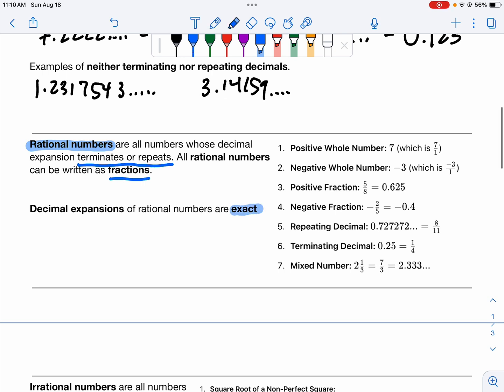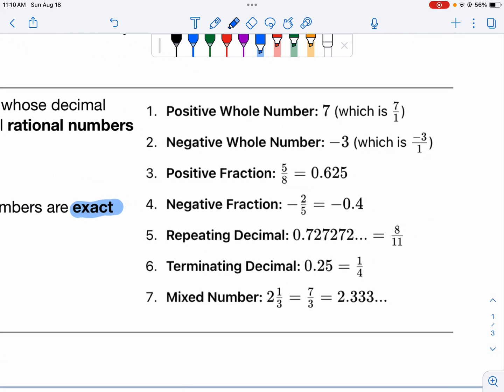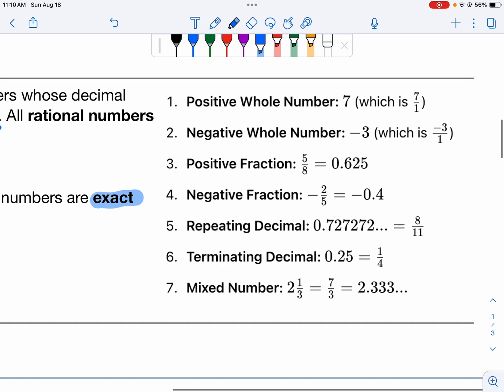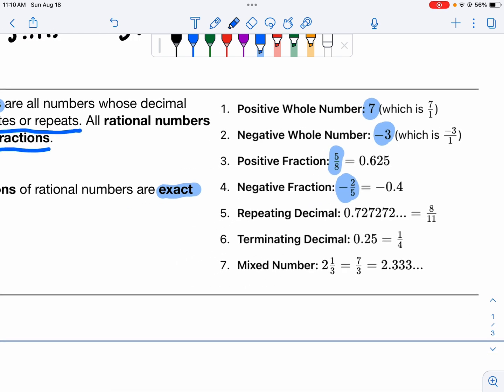So there are 7 different types of numbers over here that all fall into rational numbers. We have positive whole numbers, negative whole numbers, any positive or negative fraction, because a positive or negative fraction will have decimal expansions that terminate or repeat.